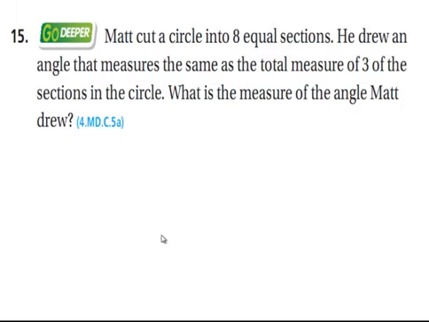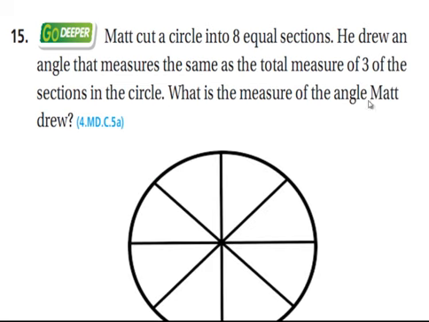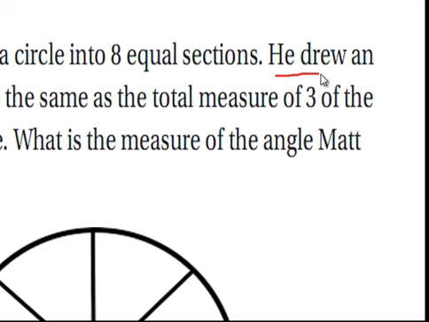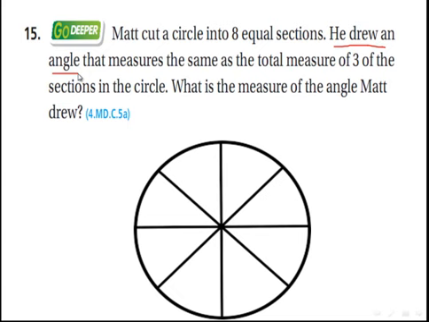Question 15. Go deeper. Matt cut a circle into 8 equal pieces or 8 equal sections. Can you imagine a circle divided into 8 equal pieces or 8 equal sections like this? Great. Let's complete our reading. He drew an angle that measures the same as the total measure of 3 of the sections in the circle.